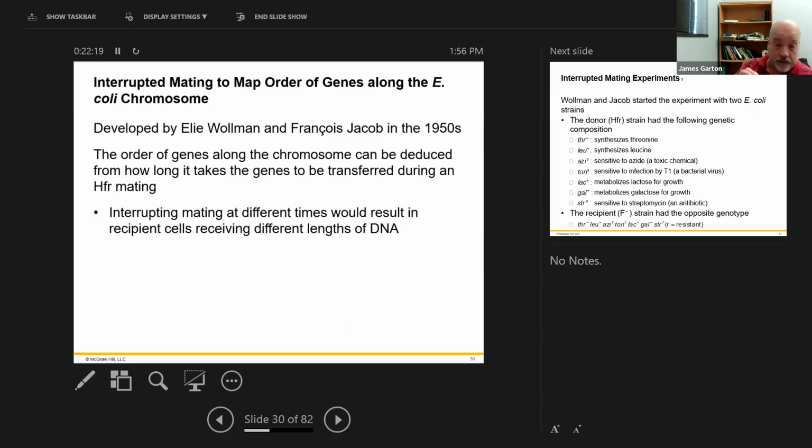And so the idea was if you allow bacteria to conjugate, but you interrupt this mating at different times, you could begin to construct a map of genes on the E. coli chromosome.